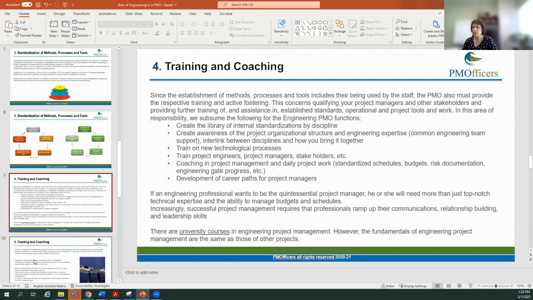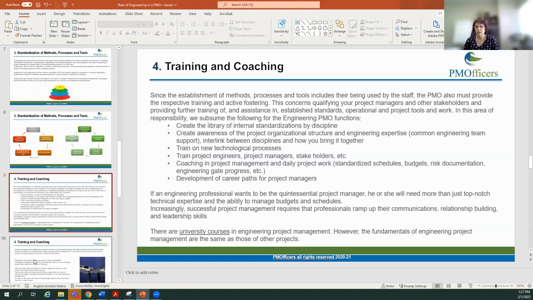Train project engineers, managers, and stakeholders as well. Very important. A lot of times, project stakeholders do not know the process of a project. They need to understand at what point their added value, their information, is critical when working in projects and within a PMO environment.